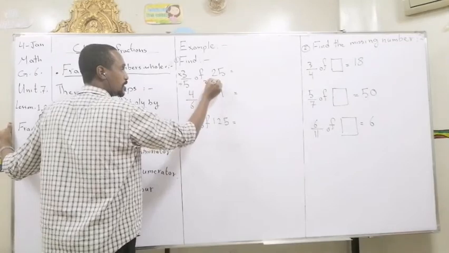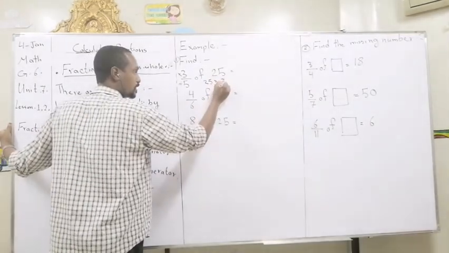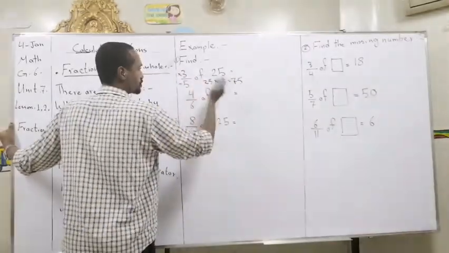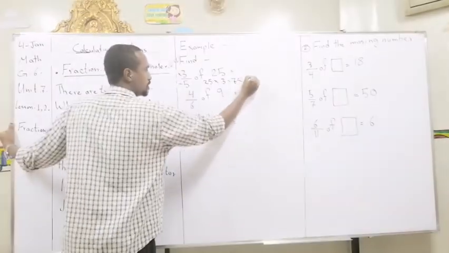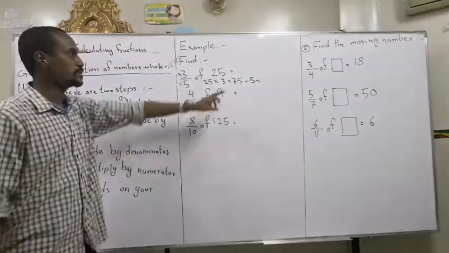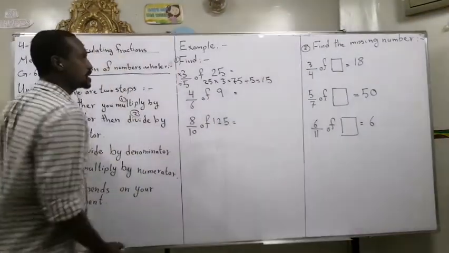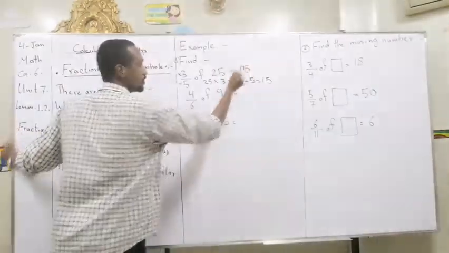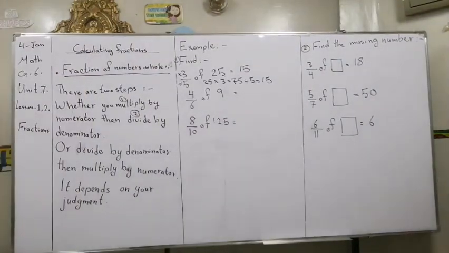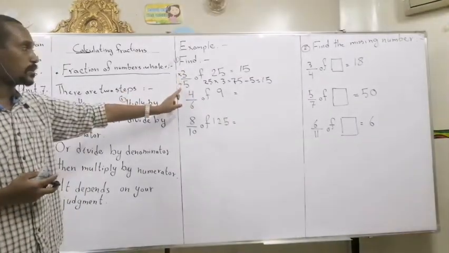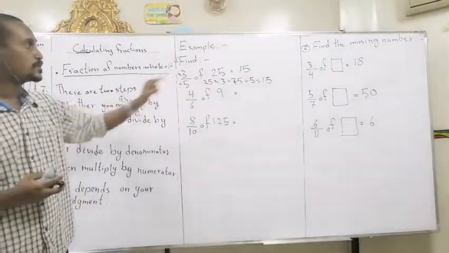25 multiplied by 3 equals 75. Then I divide by 5. 75 divided by 5 equals 15. So the answer here is 15.